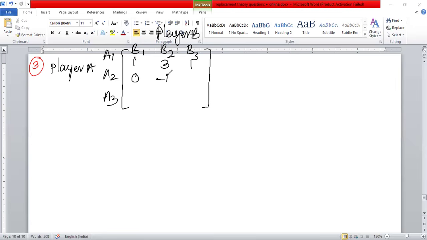Second row, 0, minus 1, minus 3. Then third row, 1, 5, minus 1.